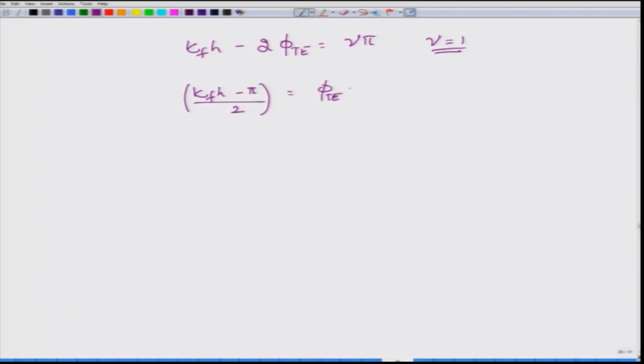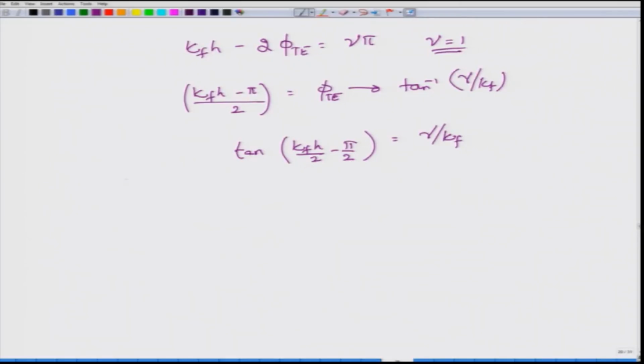But I know that phi TE is tan inverse of gamma by kappa f. So, putting all this together, I get tan of (kappa f h by 2 minus pi by 2) is equal to gamma by kappa f. Now, you can use the equation for tan of a minus b to simplify this expression.